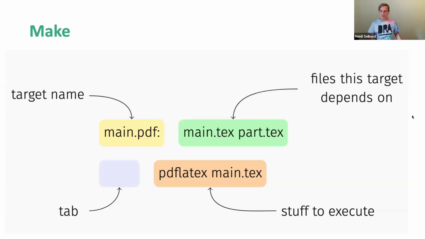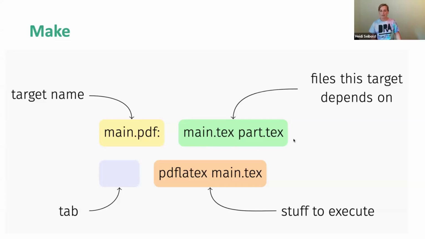Make allows you to automate all kinds of things, including your research project. So here, for example, this is essentially the way Make works. First you start with the target that you want to create. So I want to create a PDF that's called main in this case. This might be the main paper that you're writing.